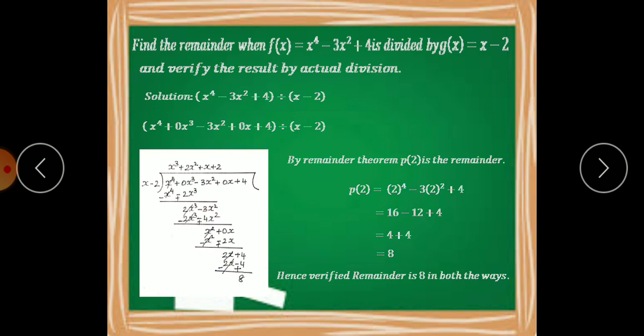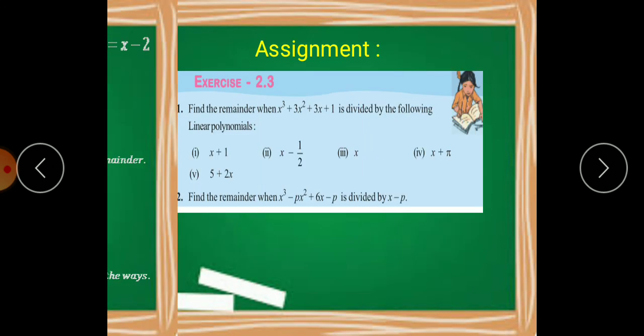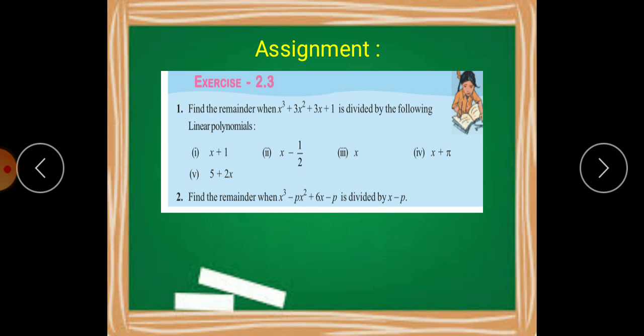You write it as f(x), no problem. So this becomes 2 power 4 is 16, 3 into 4 is 12, 16 minus 12 plus 4 is 8. So we observe that in both the processes the remainder is the same and thus the remainder theorem is verified. This is all about the examples and the theorem.